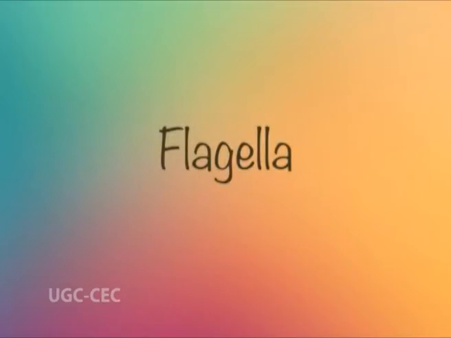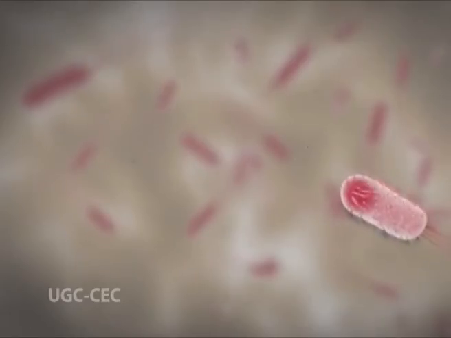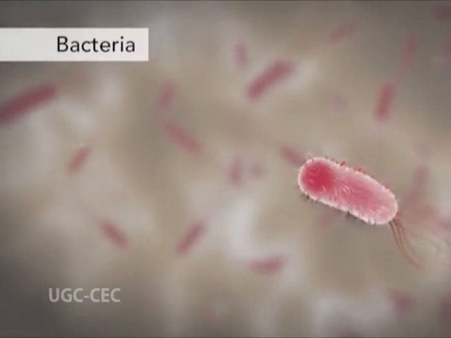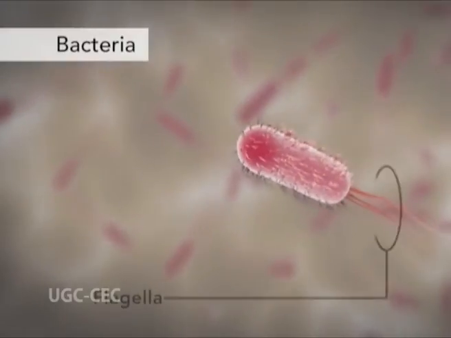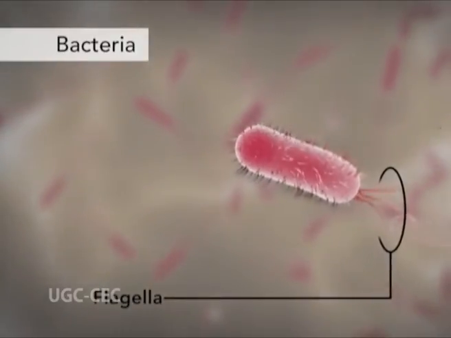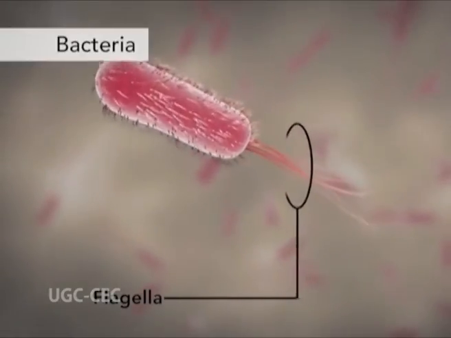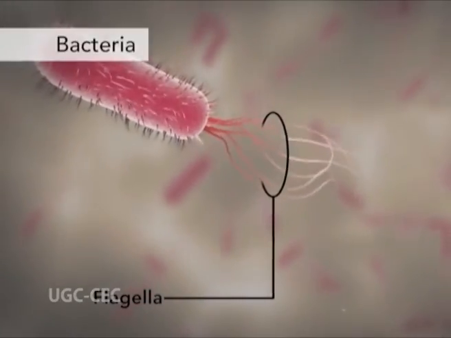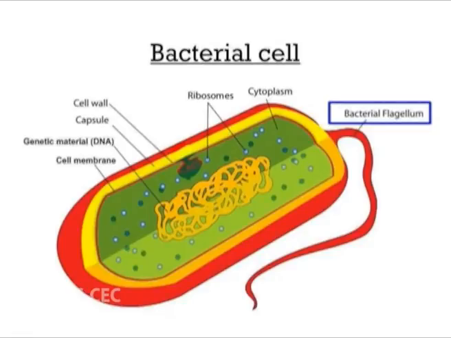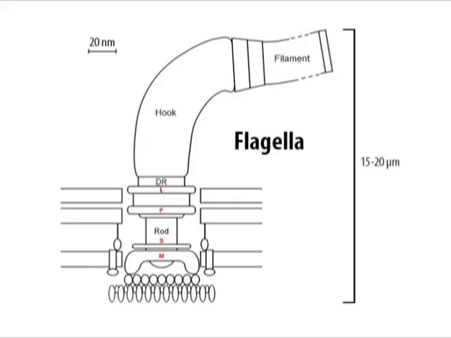Next is flagella. Flagella are thread-like appendages extending outward from the plasma membrane and cell wall in most motile bacteria. They are slender, rigid structures about 20 nanometer across and up to 15 to 20 micrometer long.